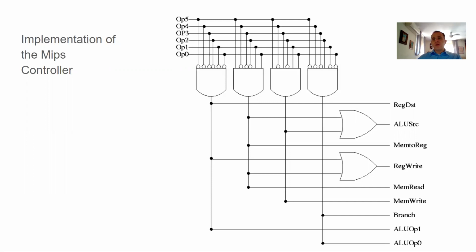Now, what if I want to do something different in a different cycle? Can I do that based on this diagram? What do you mean by something different? In other words, on cycle 1, I want this to be 0, but on cycle 2, I want it to be 1.